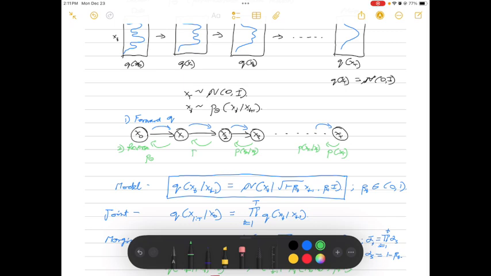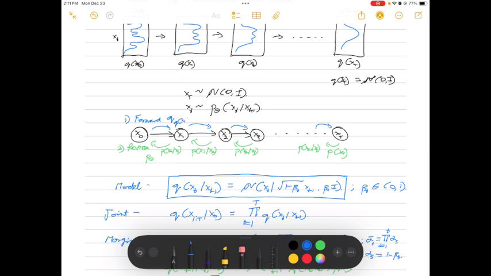For x1 we will have x1 given x2, and for x0 we will have x0 given x1. Right, so nothing but the product of conditionals being multiplied in this linear chain, as we did for the forward process.